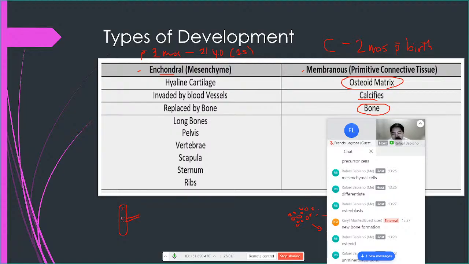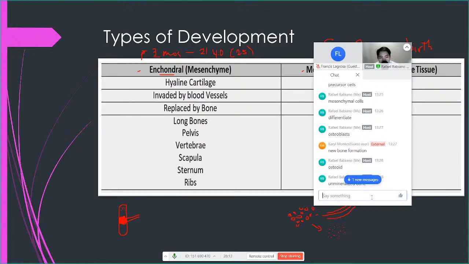Now, this area that I'm shading right now is called the primary ossification center, meaning that is where the bone forming started. Primary means start, or first.